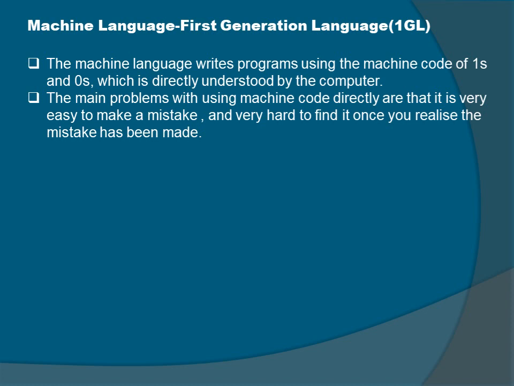So it is easy to create errors. That is, if instead of writing 00 we write 11 or 01, then it will display other output or execute another instruction, so errors easily happen.